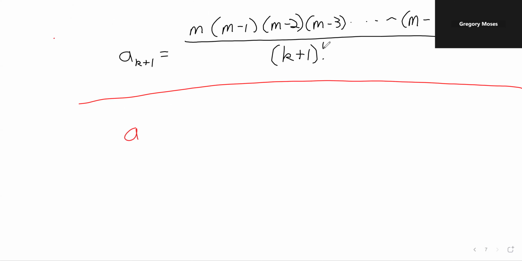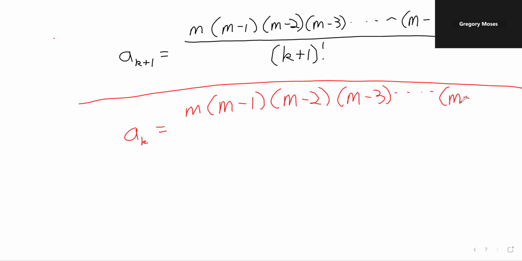And a sub k is this. And now we're using the ratio test.